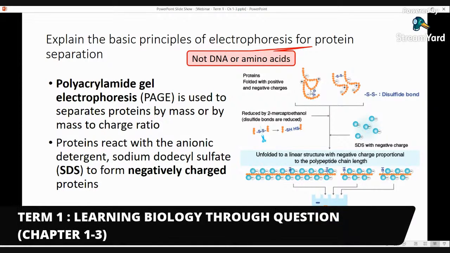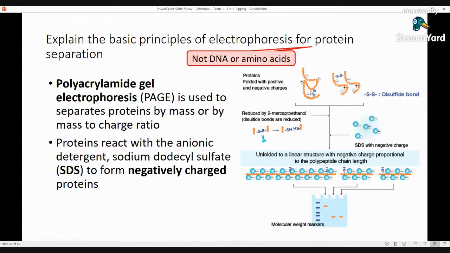Then the proteins react with the anionic detergent sodium dodecyl sulfate (SDS) to form negatively charged protein. This is the SDS molecule. It reacts with the protein or polypeptide to form negatively charged protein.